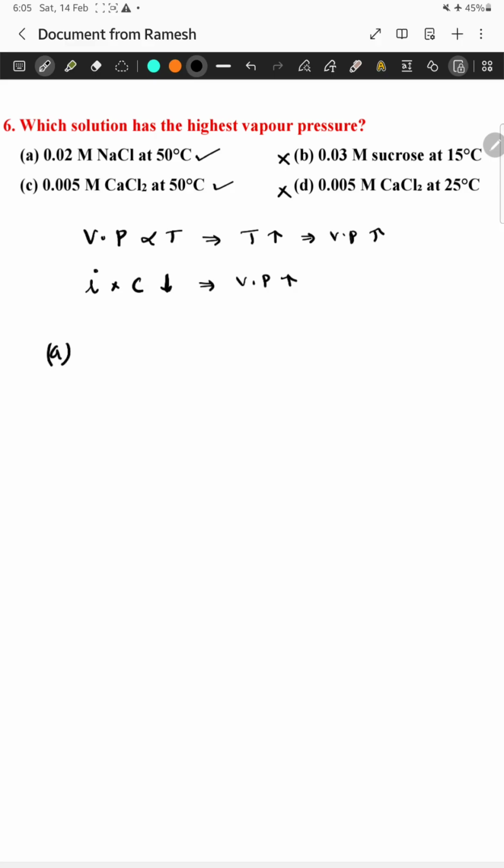NaCl means 1 mole of sodium ion and 1 mole of chloride ion, so the Van't Hoff factor for NaCl will be 2. Then the concentration, the molarity, is given as 0.02. If you multiply this, you will get the product as 0.04.